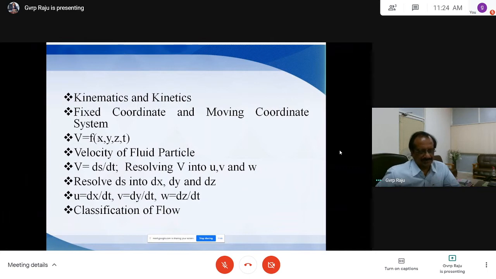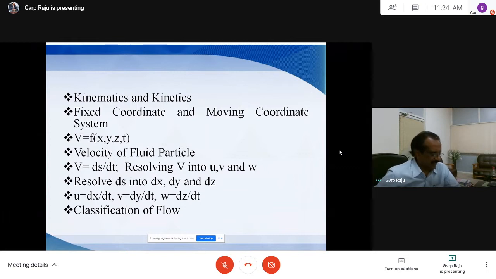That means the observer is not moving. He is stationary, sitting on the bank and studying the movement of the fluid in the moving water. So that is a fixed coordinate system.